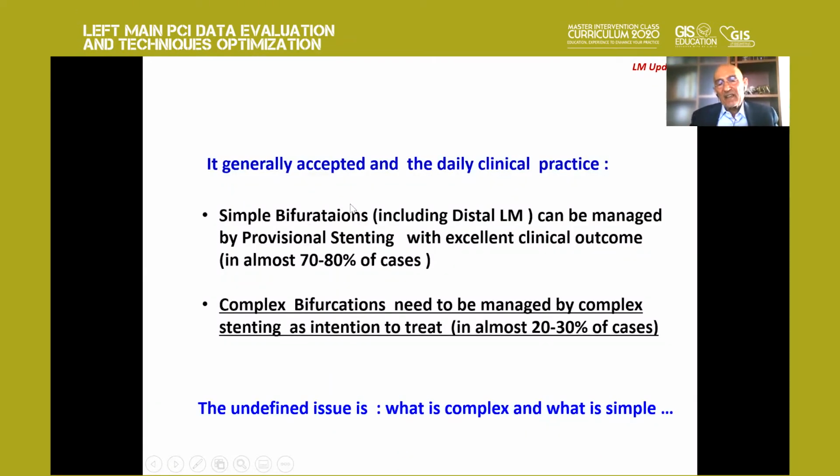It is generally accepted that almost 70 to 80% of cases are simple bifurcations, also in distal left main, and can be managed by single stenting. And in the remaining 20 to 30% of cases, the default strategy should be complex stenting. But what is still undefined is what is a complex and what is a simple bifurcation lesion.